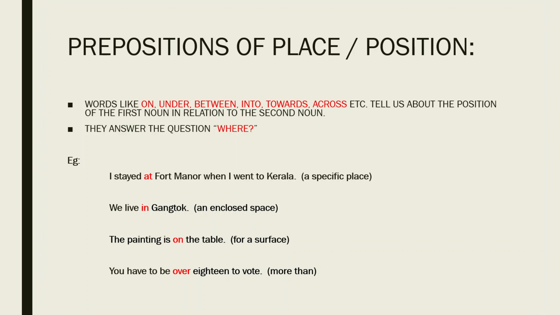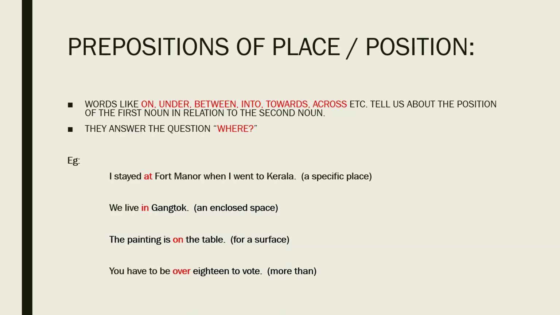Next, we have the prepositions of place. They are also called the prepositions of location or position. So these prepositions of place, children, describe the position of a person or thing in relation to another person or thing.